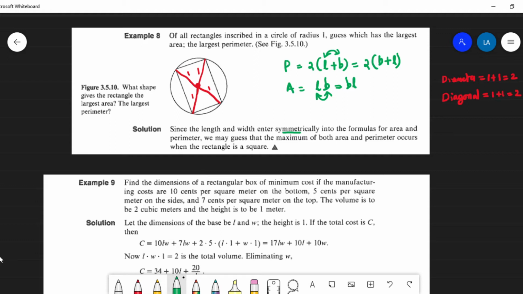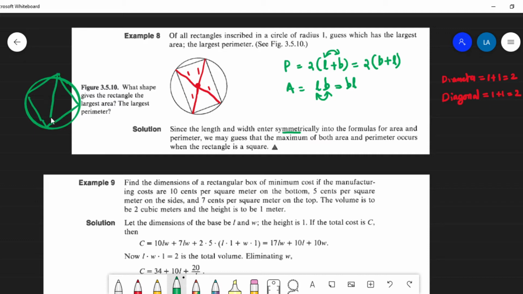So the largest area and the largest perimeter of all the rectangles inscribed in the circle of radius 1 will be a square. It will be like this: you have a circle here and you have the square, right?